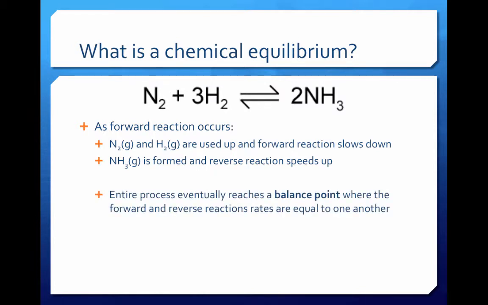Eventually, that forward reaction slows, and that reverse reaction speeds up. You eventually reach something we'll refer to as a balance point. The forward reaction is slowed enough and the reverse reaction is speeded up so that ultimately the reaction rates for forward and reverse end up being equal to one another, and that's when we've reached what we would call equilibrium.